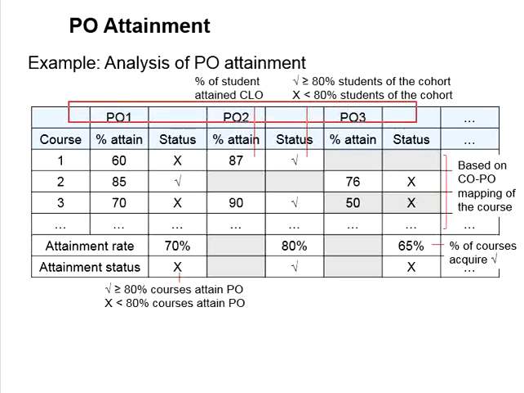There are also POs related to skills. Let's say you realize that certain POs related to skills, such as teamwork or communication, are not quite well attained by the students. Probably you can regulate at the program level, imposing certain policies and regulations in order to facilitate the acquisition of the respective skills.